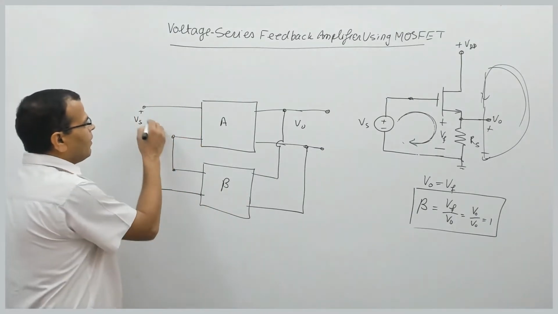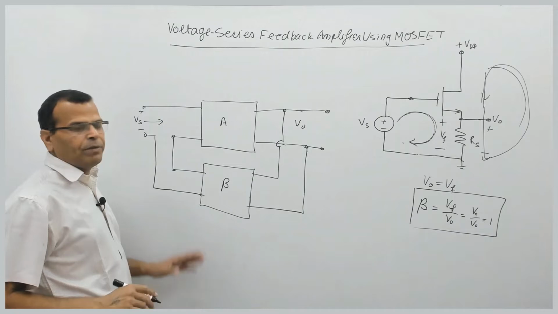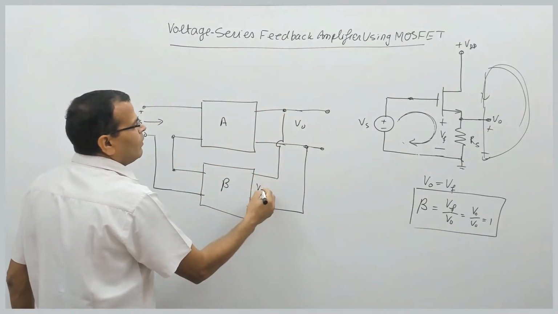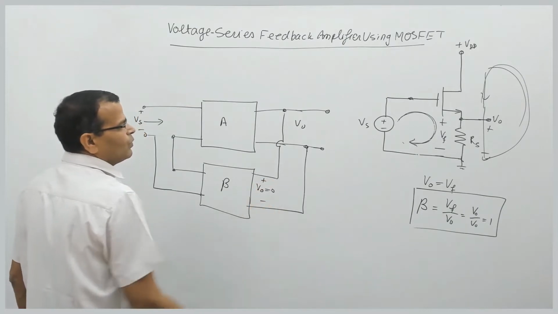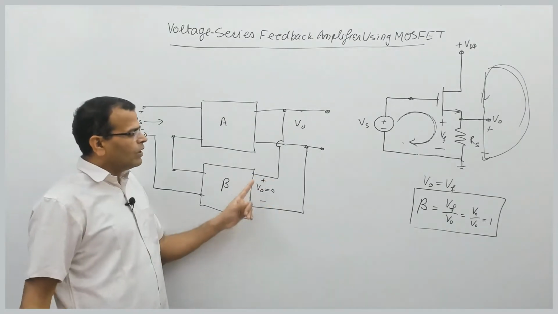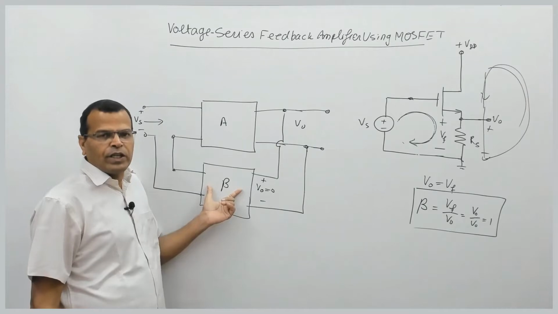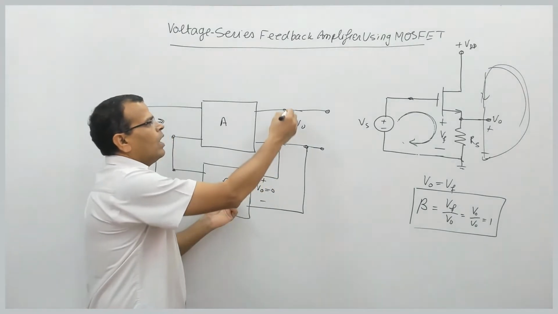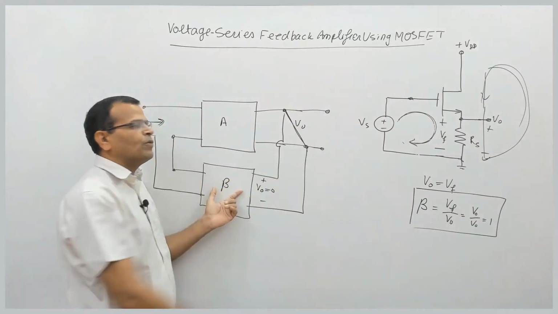So to identify the circuit without feedback loading, I should not be taking any feedback from here, so I will reduce this output voltage to 0, so that the input to the feedback network is 0. So what I do, I short this output side.